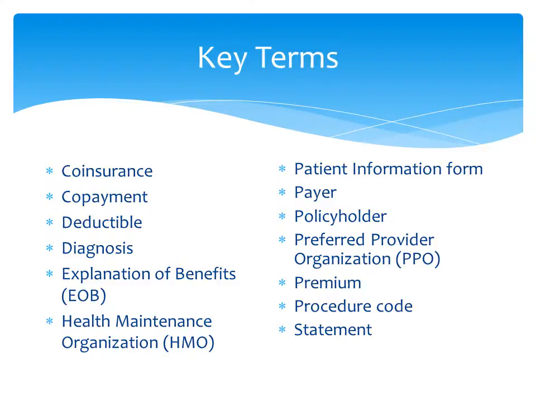Here are some of the key terms we're going to talk about and the differences between those terms. I won't go over all the terms, but I will touch base on a few of these. Coinsurance is something that is percentage-wise, and what happens is that the employer pays a percentage and the patient pays a percentage.